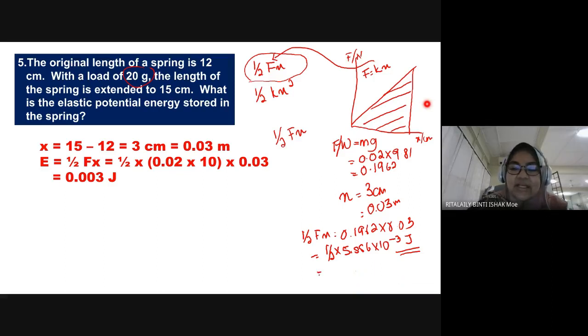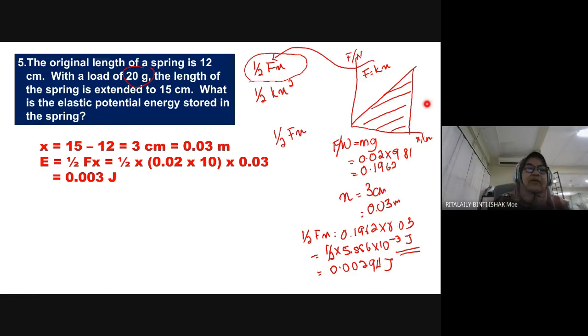So dia jadi 0.00586 divided by 2, 0.00294. Yes. Okay, or 2.94 times 10 to the power of negative 3.